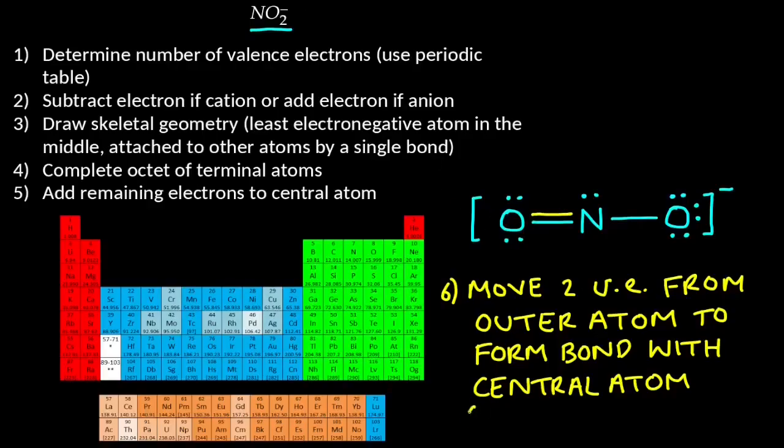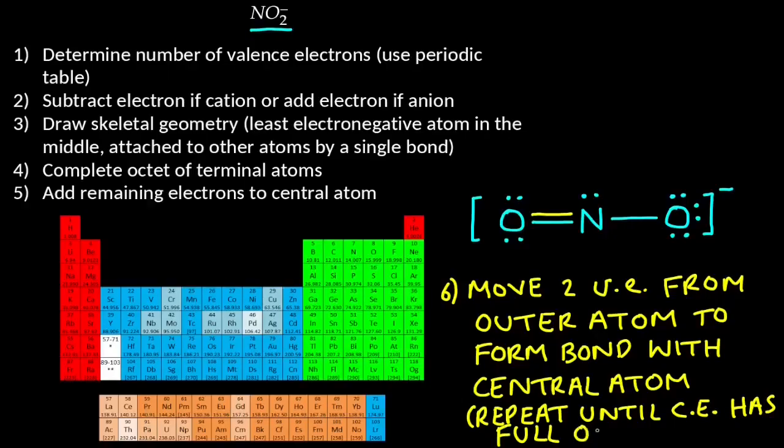And we repeat this until the central atom has a full octet. So here we can see that nitrogen now has a full octet of 8 electrons. Now we could have done this using the other oxygen. So effectively, you get another structure that looks like this.